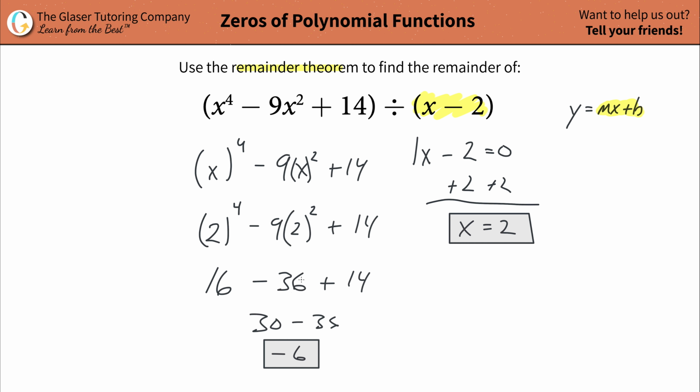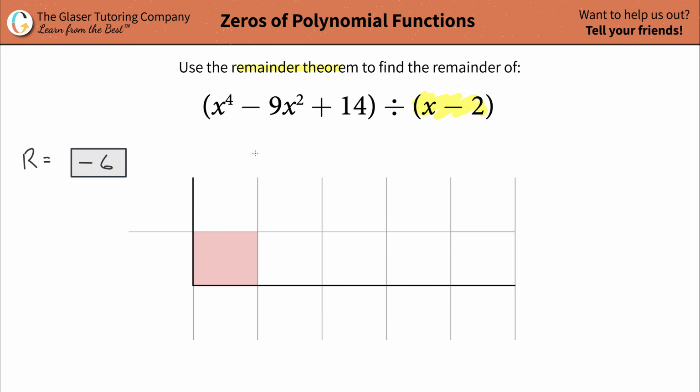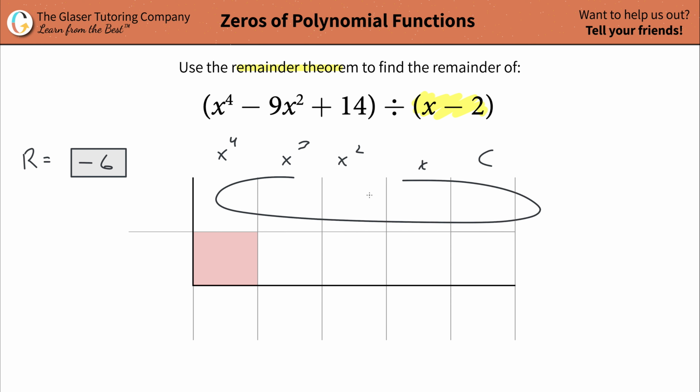Now, if you wanted to prove it to yourself, set up a synthetic division. Take a look. So I'm going to run through the synthetic division. You start with your dividend. You write the coefficient of the x to the fourth term, the coefficient of the x cubed, x squared, x, and then your constant. So you have 5 columns here. The coefficient of x to the fourth is a 1.